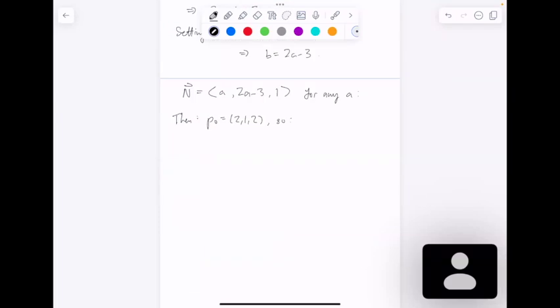So once again, you have a normal vector here. It's a, 2a minus 3, 1 dotted with 2, 1, 2. And this is equal to, what's that? That's 2a plus 2a minus 3 minus 2, plus 2. That's 4a plus 4 minus 3.